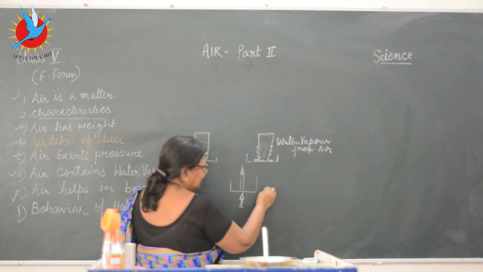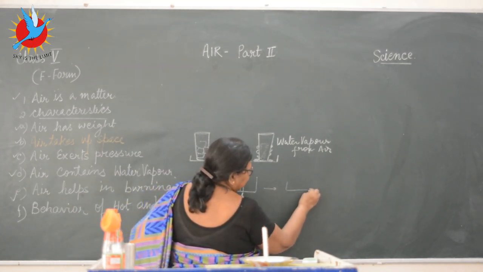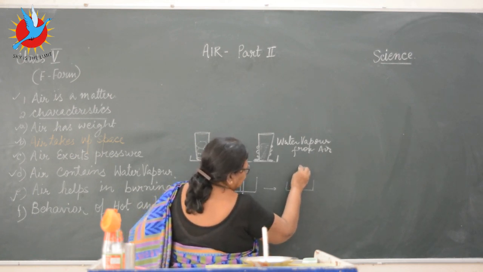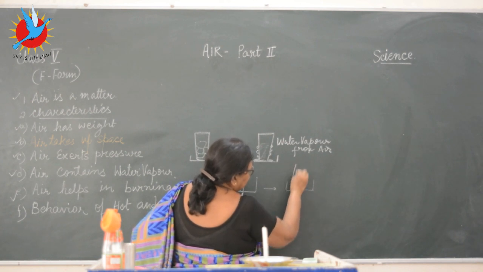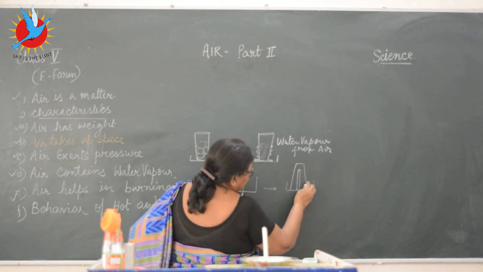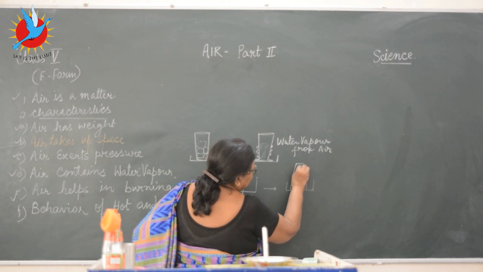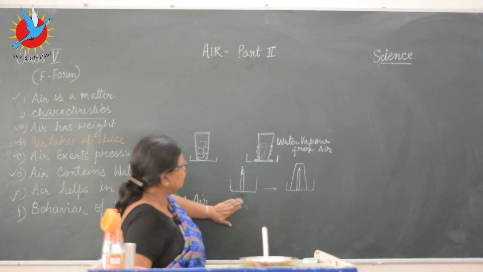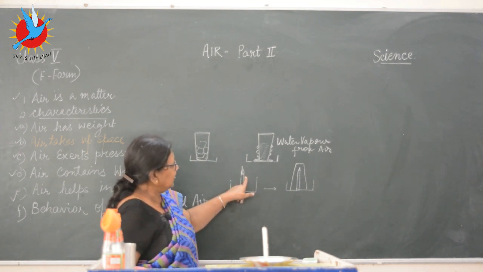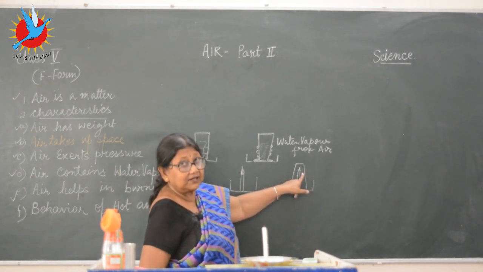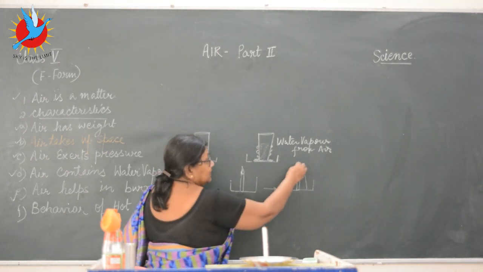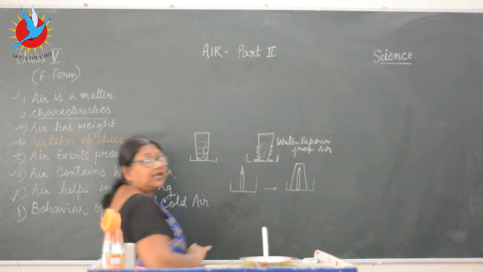But in the second case, what has happened? This is burning and this has stopped, extinguished. Why? Because this is covered with the glass. So air has been cut off.